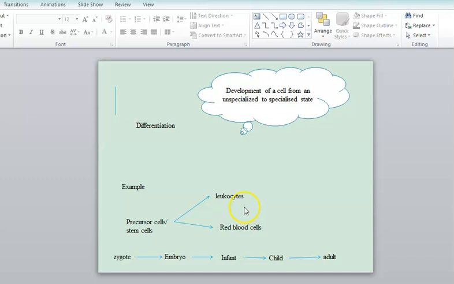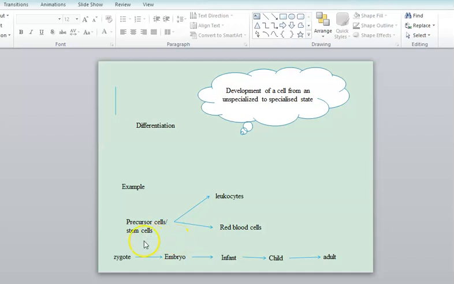All these cells are arising from common cells. These precursor cells or stem cells are unspecialized, but through a process they are differentiated or specialized to form leukocytes, that is white blood cells, and red blood cells, which have specific and different functions in our body.